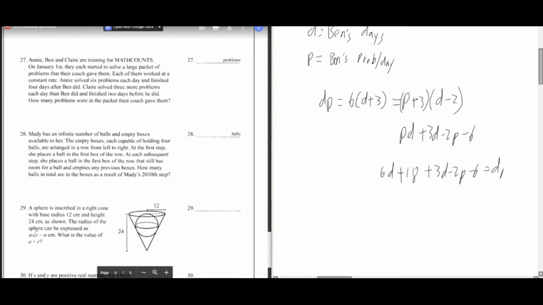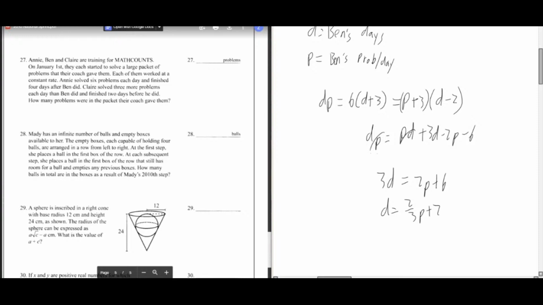Actually, the pd, dp cancels. That's a good point, I literally did that a couple questions ago. You can just do a relation between these: d equals 2 over 3 p plus 2.